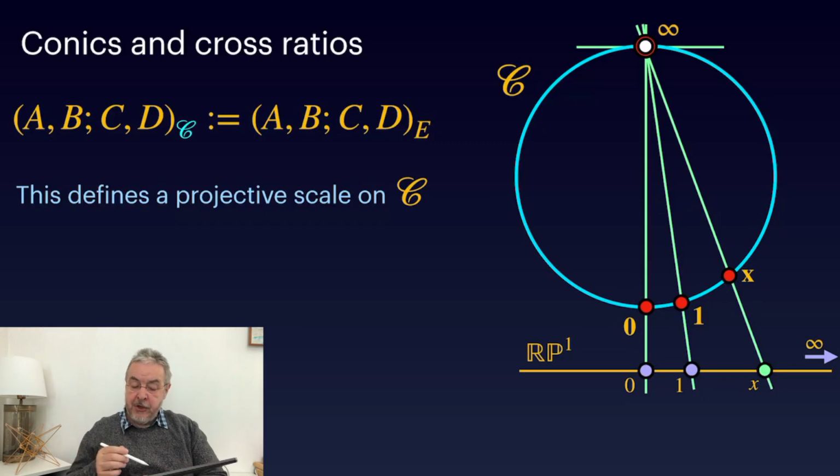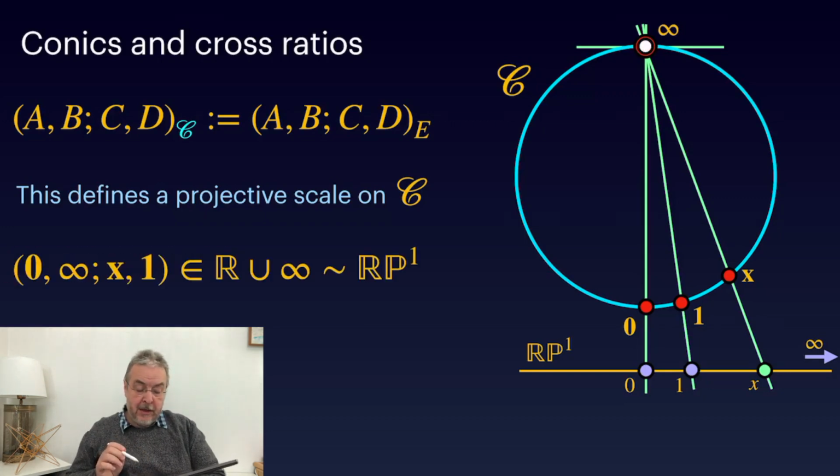We call it a stereographic projection whenever one point of the projection sits on the curve from which we are projecting. And this point up here really will play the role of infinity. And so you see the cross ratio takes all the values of R joined with infinity, which is our real projective line.